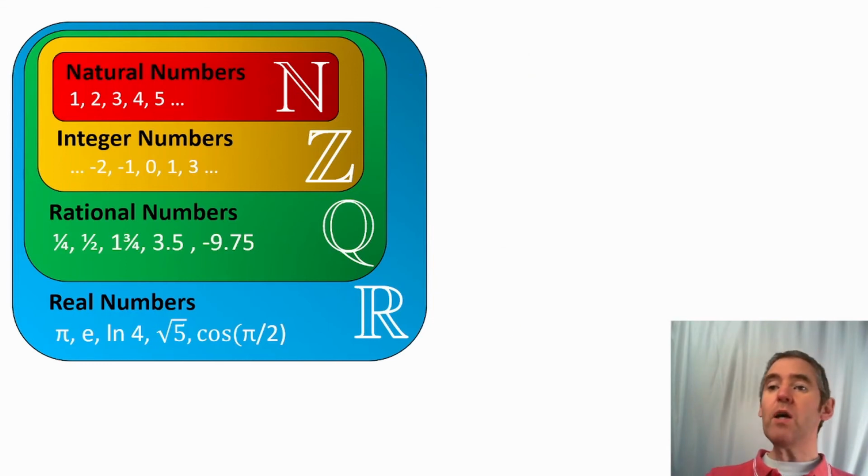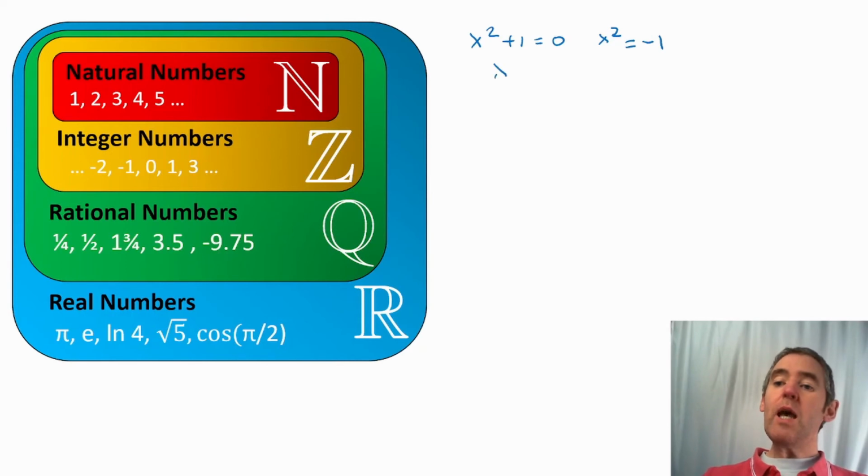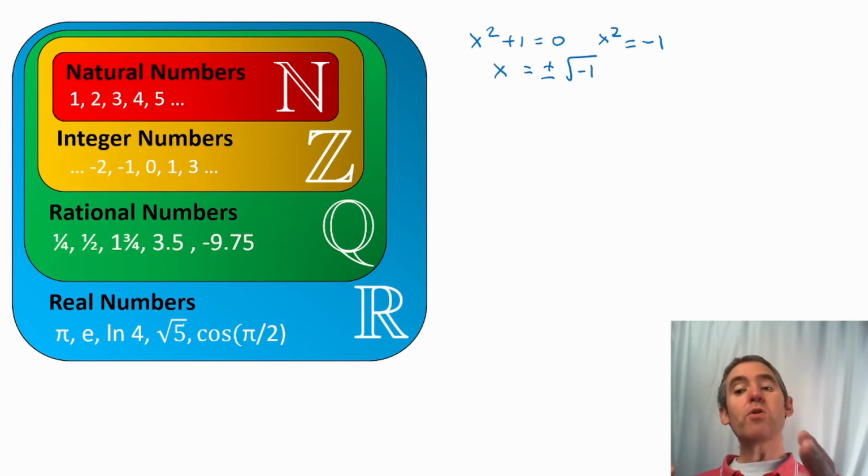So if I give you an equation to look at, x squared plus 1 equal to 0, that means that x squared is equal to minus 1. That means that x is equal to plus or minus the square root of minus 1. Now, that number cannot be expressed on the number line.